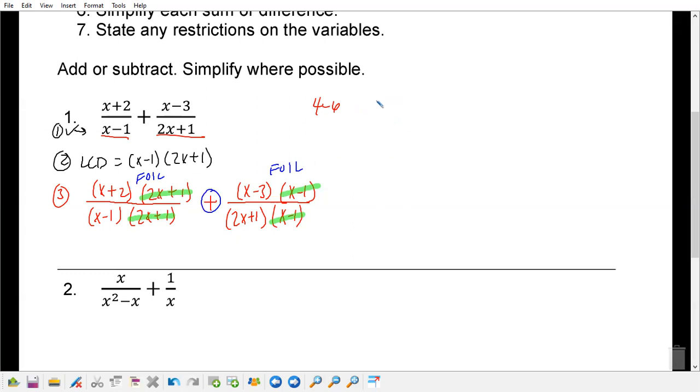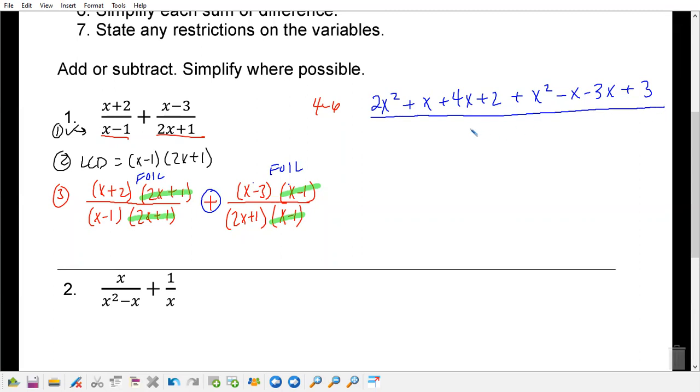So we have 2x squared plus x plus 4x plus 2, plus, FOIL again, x squared minus x minus 3x plus 3, all over, and we want to keep our LCD in factored form. So we're going to keep our denominator factored: 2x plus 1, x minus 1.